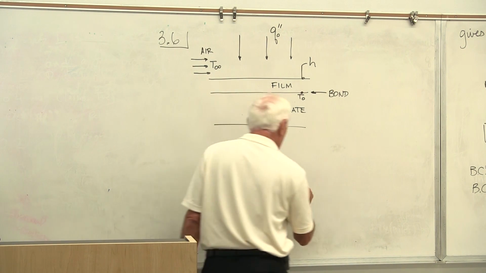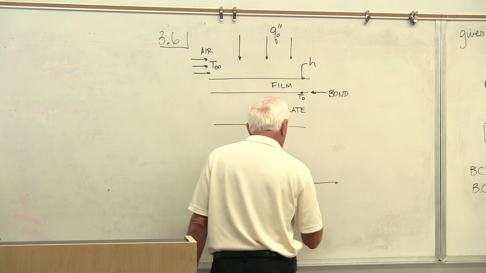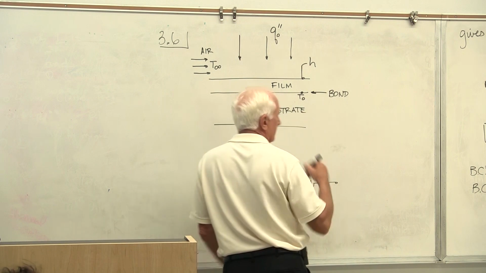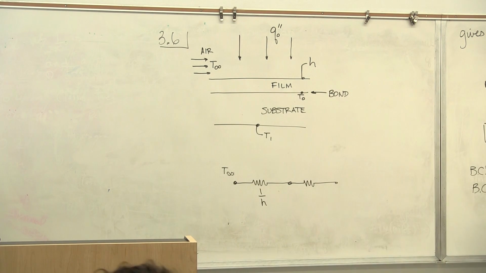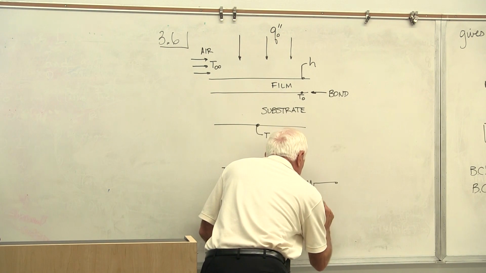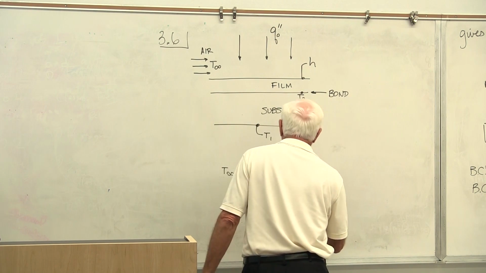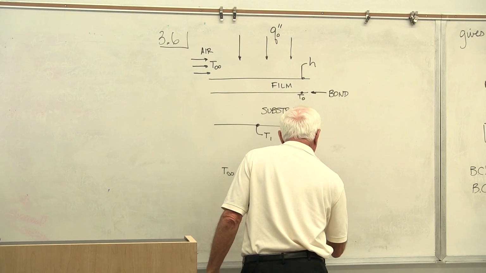Now we go to conduction through the film. That conduction through the film has a thermal resistance of L over Ka. On a per square meter basis, it's L over K. So L over K, L of the film, K of the film.